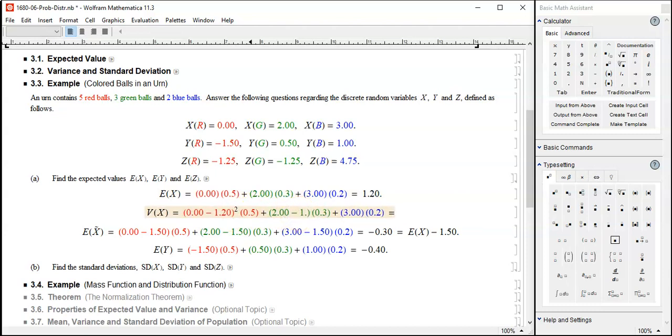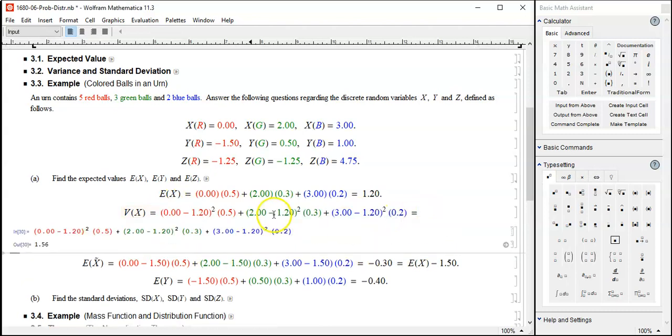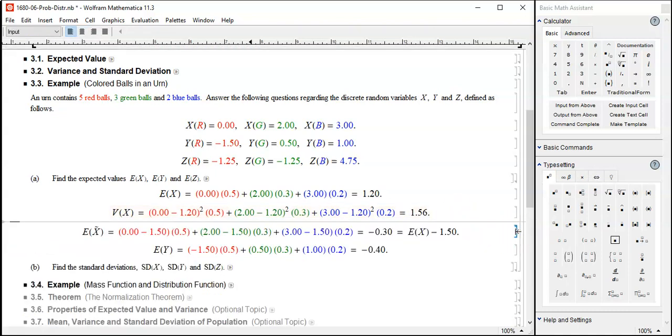Minus expected value squared, minus expected value squared, and if you calculate all this, you're going to get the variance, $1.56. Okay, looks like that's the variance.